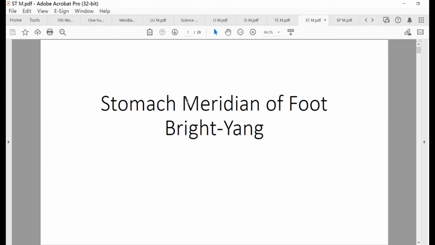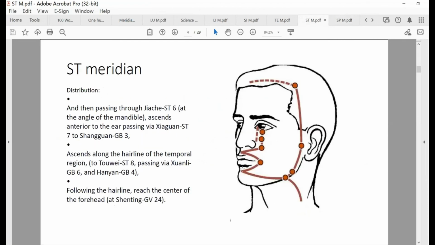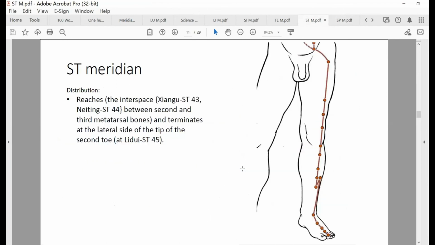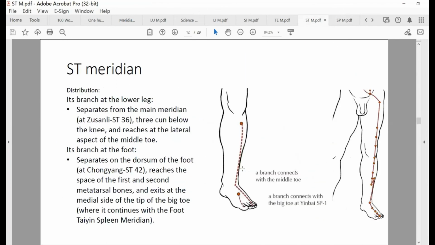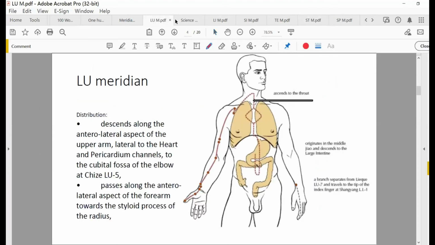Stomach spleen. Stomach, that's the yang meridian. First the circuit. Okay. Stomach. All right, I think we have one here.